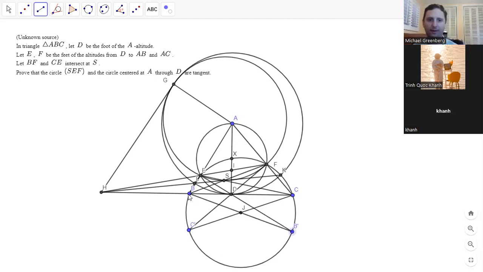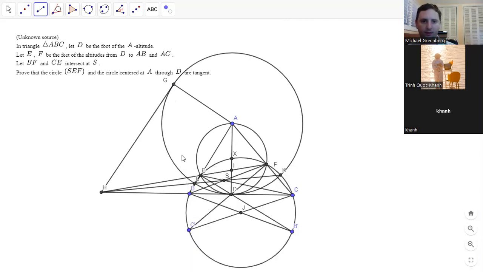So yeah, by Pascal, S, D, and J are collinear. Can we show that? We haven't really said how we define G yet, because we don't know the circles are tangent. But it looks like S, D, and J pass through that point.